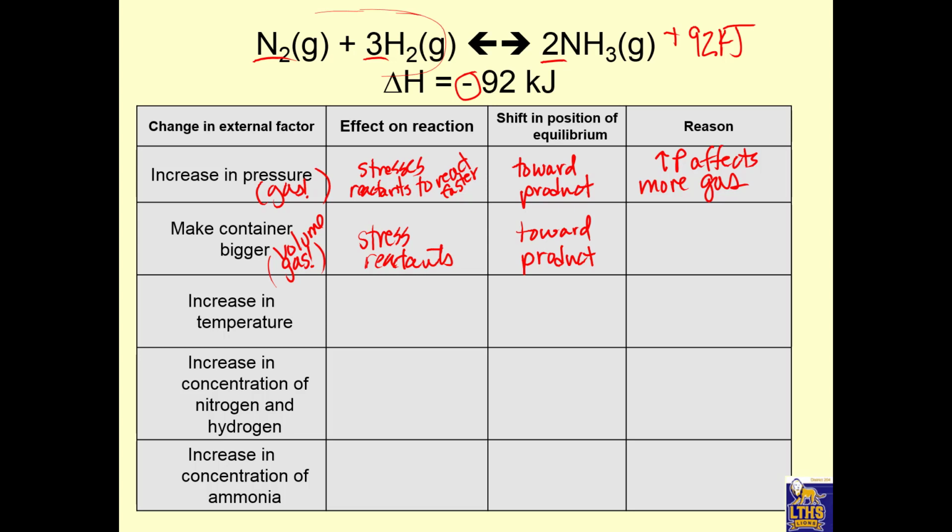Reason: bigger container means more volume, means less pressure, so goes away from less gas.